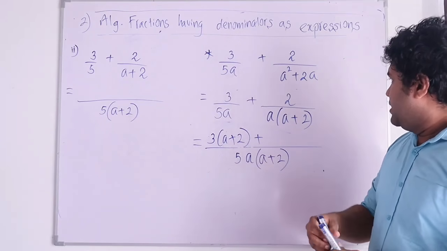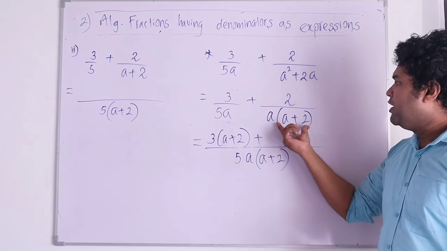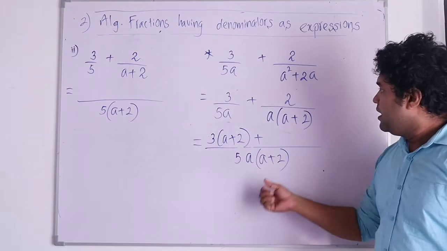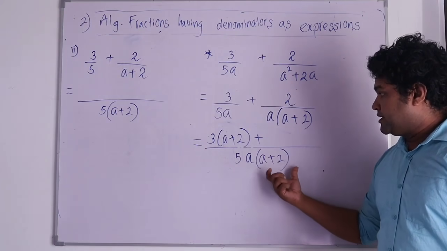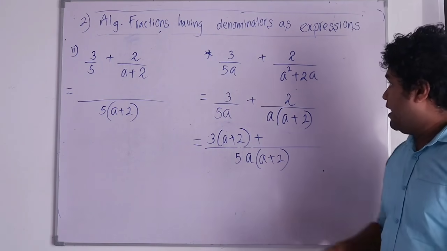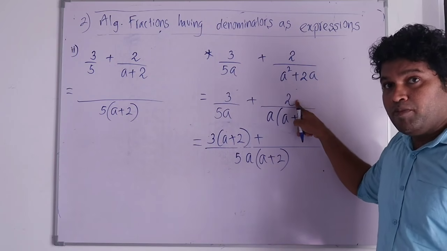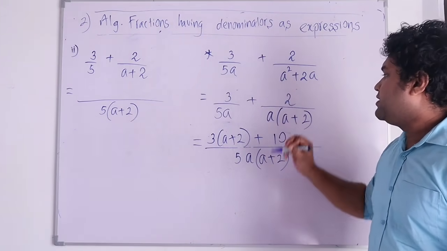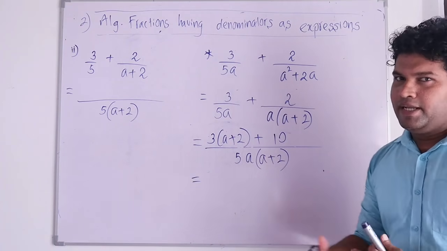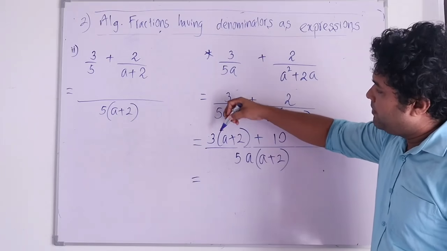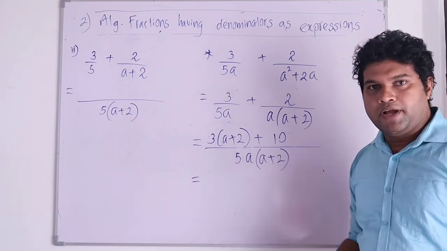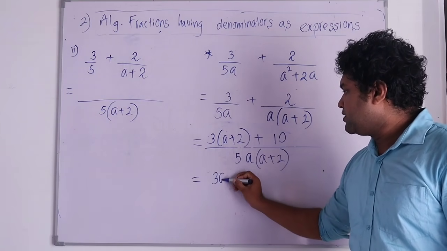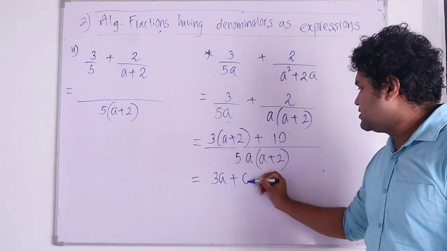Plus, okay. Now see, the denominator you had and the new denominator you have: a times a plus 2, additionally there's 5. Therefore, you have to multiply this numerator by 5. 5 times 2, you can think and write 10. Now this expression is mathematical. We have to mathematically remove the brackets and simplify. 3 times a, 3a. 3 times 2, 6.